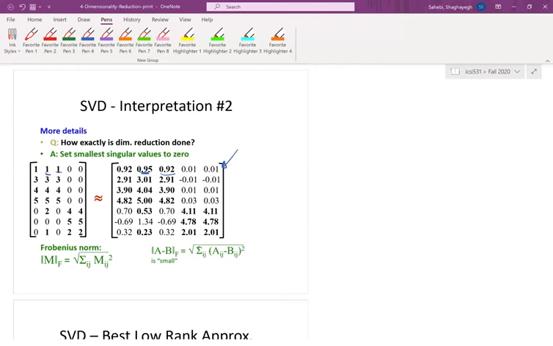The whole goal of dimensionality reduction in SVD is that this difference, or in other words, the error that we get by removing one or multiple of the singular values, is as small as possible.